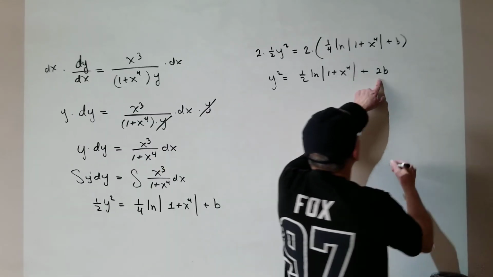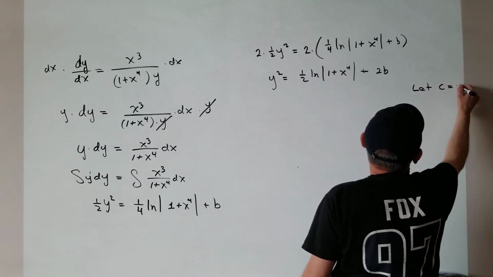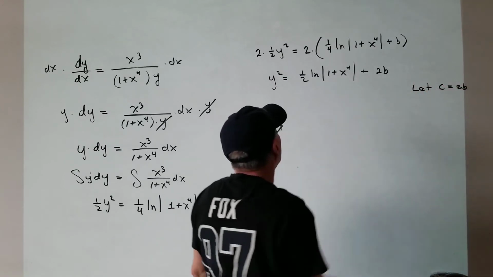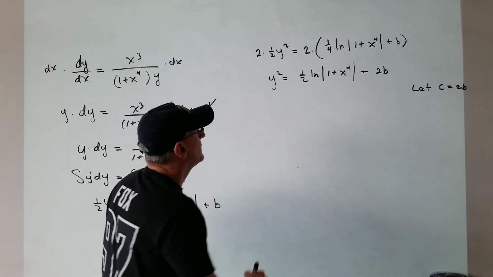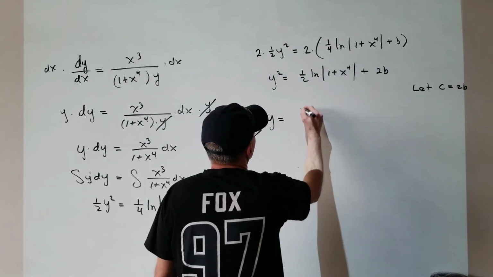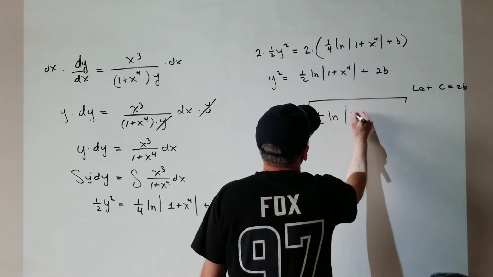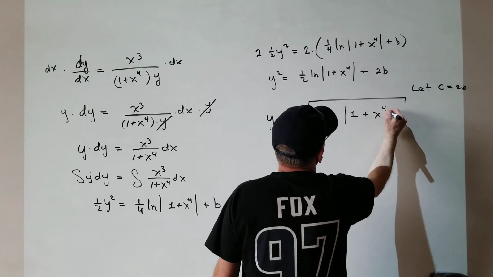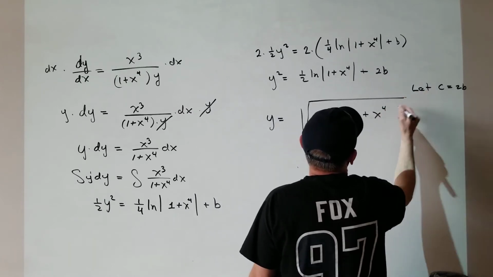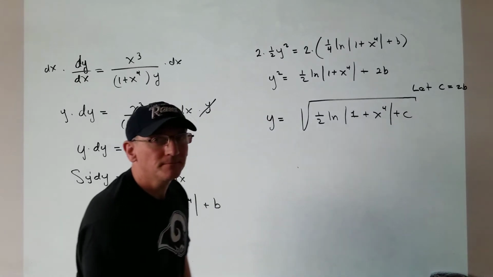So, we're going to replace 2b with c. And I'm going to take the square root of both sides. So that will look like this. Anybody have an objection?